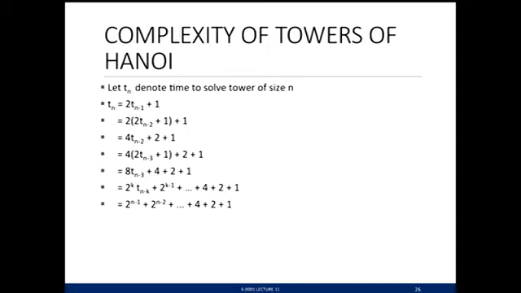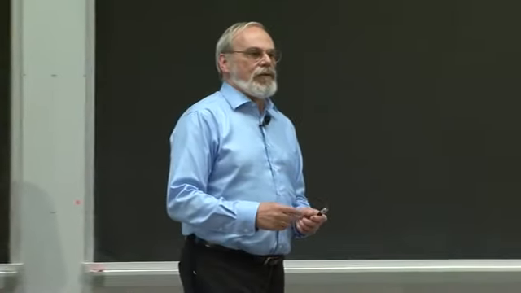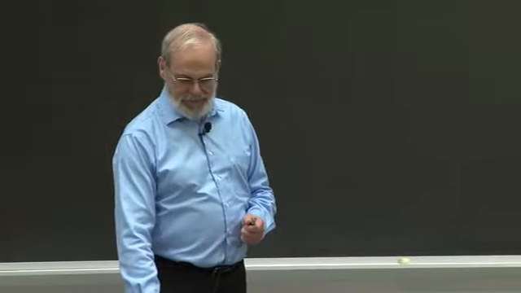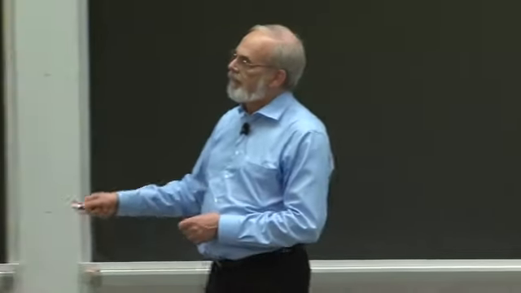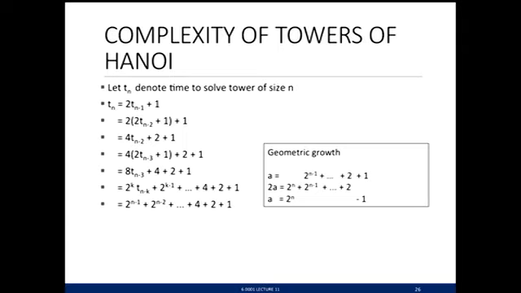Right, what's that? Well, if you're a Course 18 major, you've seen it before. If you haven't, here's a nice little trick. Let me let a equal that sum: 2 to the n minus 1 plus 2 to the n minus 2, all the way down to 1. Let me multiply both the left and the right side by 2. That gives me 2a is equal to 2 to the n plus 2 to the n minus 1, all the way down to 2. I'm just taking each of the terms and multiplying them by 2.